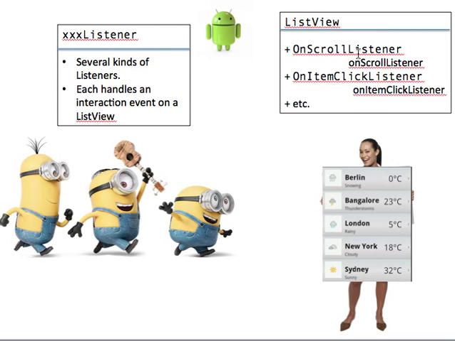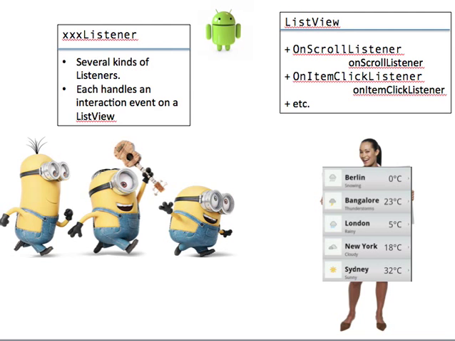And all of these are their own interface. They have a lot of common elements, right? But all of these are their own interface. And then you can implement many listener classes depending on what you want to listen to and set them to these member variables, right? So this is why you have several kinds of listeners, each one prepared to listen to a given event that can be attached to the list view.